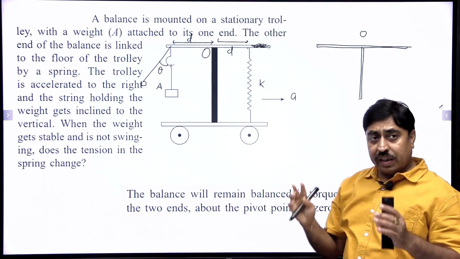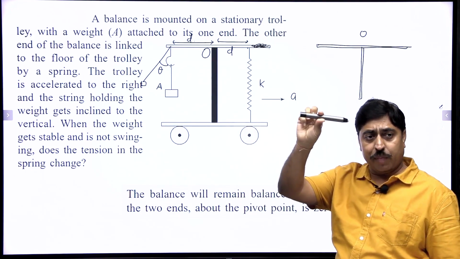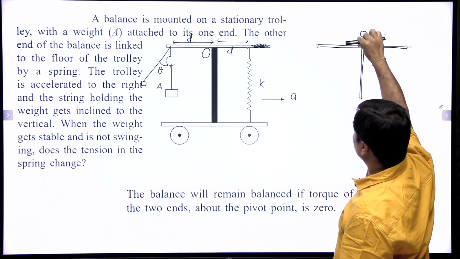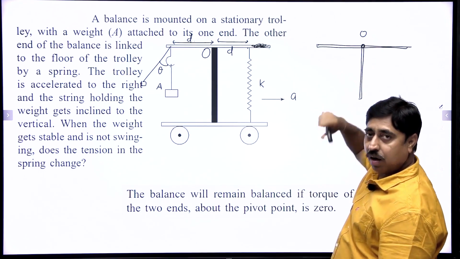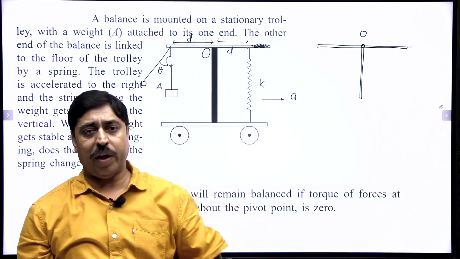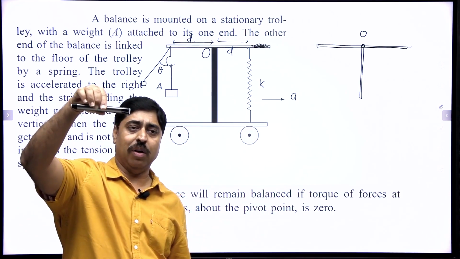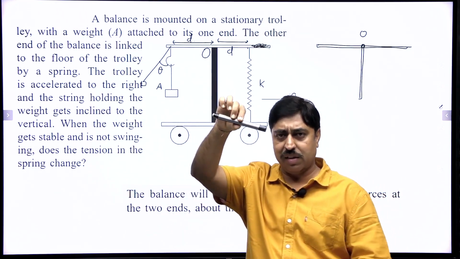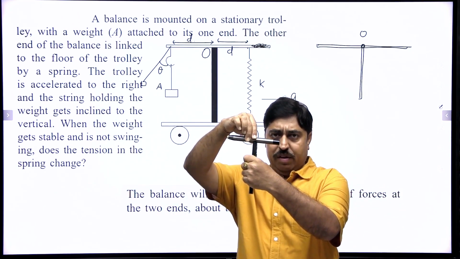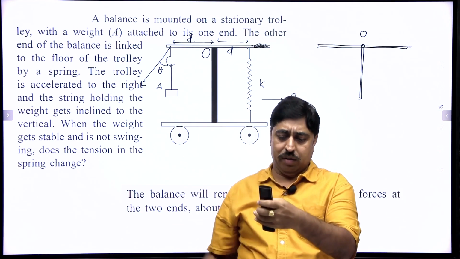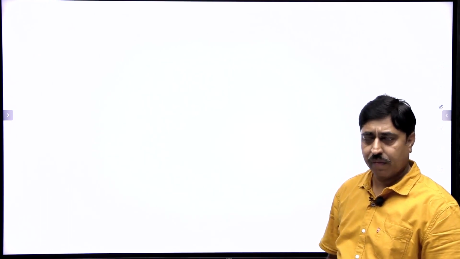And it will stay in equilibrium, it will remain balanced if there is no torque acting on this beam, on this bar about point O. If there is no net torque acting on this bar about point O, then this bar will stay horizontal, it will remain in equilibrium. So we say that it remains balanced when it remains horizontal, right? So it will remain like this if there is no torque about this particular point. This is what is being said.